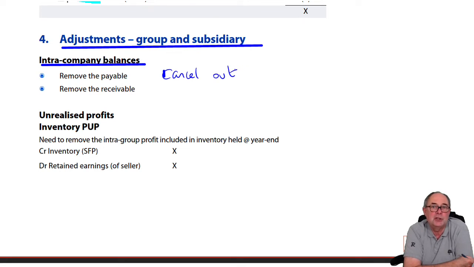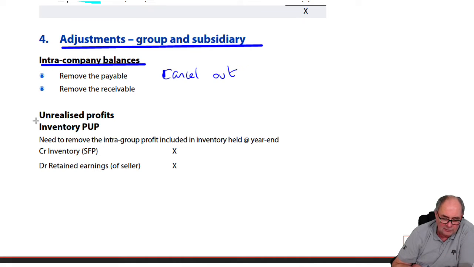So we're not interested in intercompany transactions, are we? And in particular, things like inventory profits. If I buy something for 10, sell it to my subsidiary for 15, the subsidiary hasn't yet sold it, well, you don't really want that profit in the accounts. Hence that word, unrealised profits.